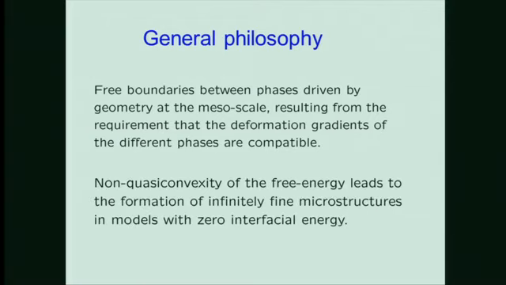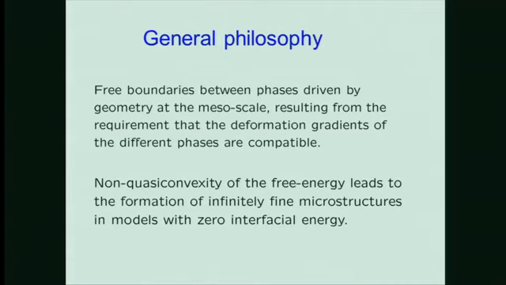And along with that comes the fact that the model has got to predict that there are interfaces anyway, which means that it's not an elliptic model, if you like, which would give rise to smooth deformations. That's expressed in terms of the variational language by saying that the free energy density is not quasi-convex.